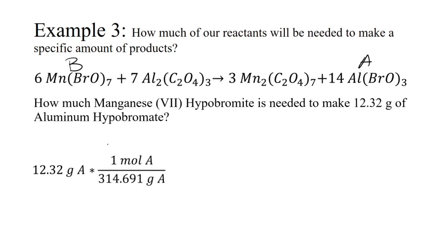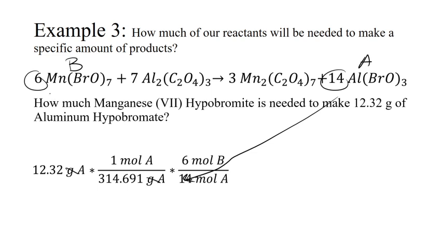Again, molecular mass, grams on the bottom so they cancel out, and we're in moles, which brings us to the mole ratio. We take the numbers from our balanced equation, 14, 6, moles of A cancels out, and then we convert to our desired unit.